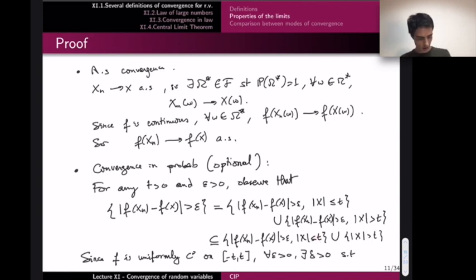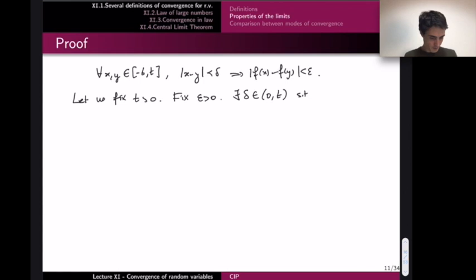Here that was for any t positive, just consider that t minus delta is t. So I get there exists delta in (0, t) such that star is verified.